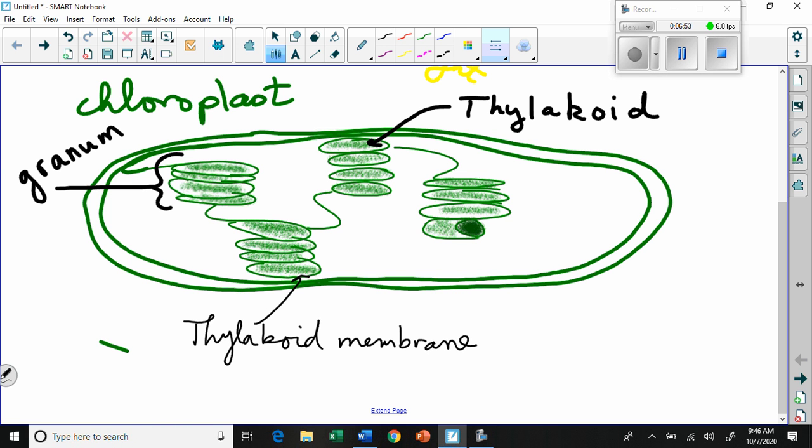Membrane, good. Now, inside, this is why I broke this guy up. This area inside is called the thylakoid space. And then the sort of fluid on the outside here is called the stroma.